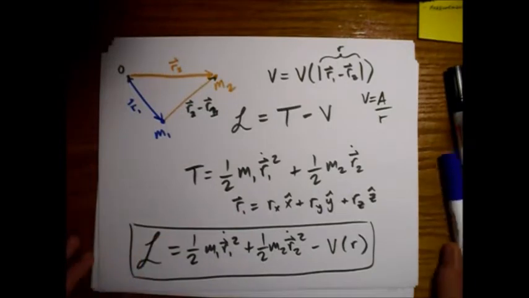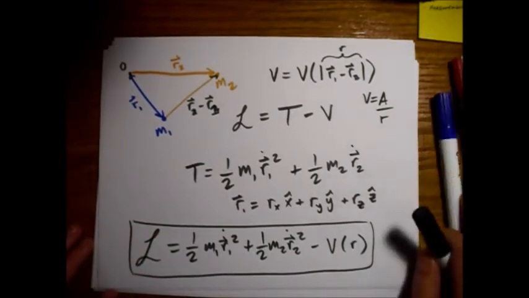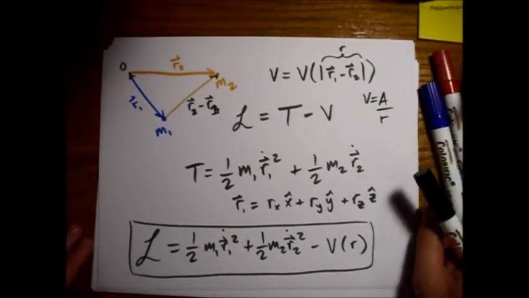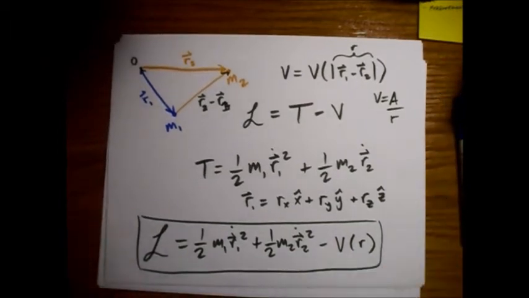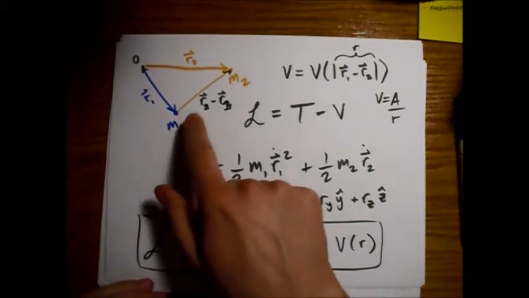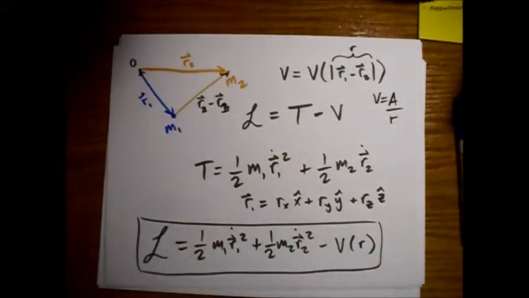All right, so now what we're going to try and do is change to a center of mass coordinate system. So rather than use the coordinates of these two, we're going to use the coordinate of the center of mass.